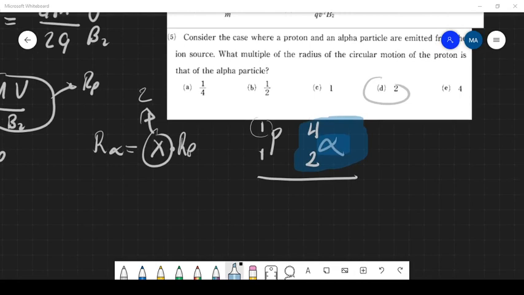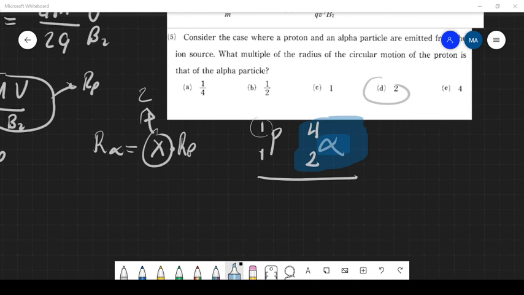So this is it for this question. Let me just find the other question that there was an alpha particle about. I think it was 2008. I saw it these days over here. Yes, 2008. Now it's a different question.